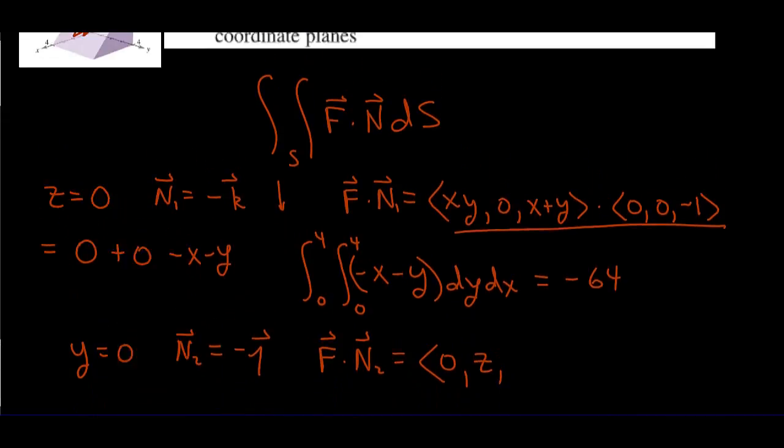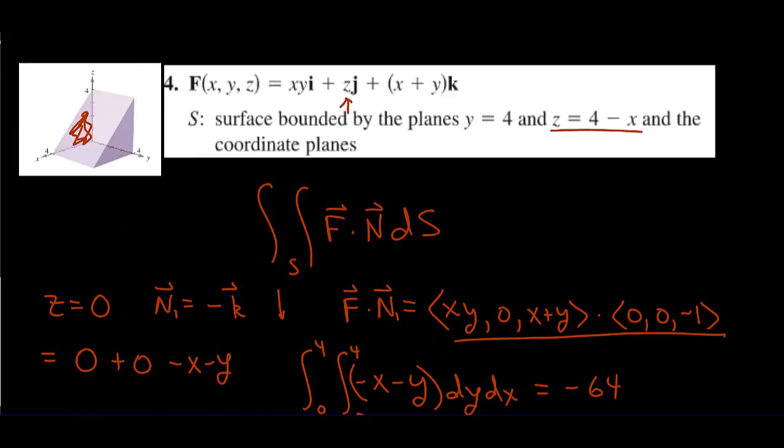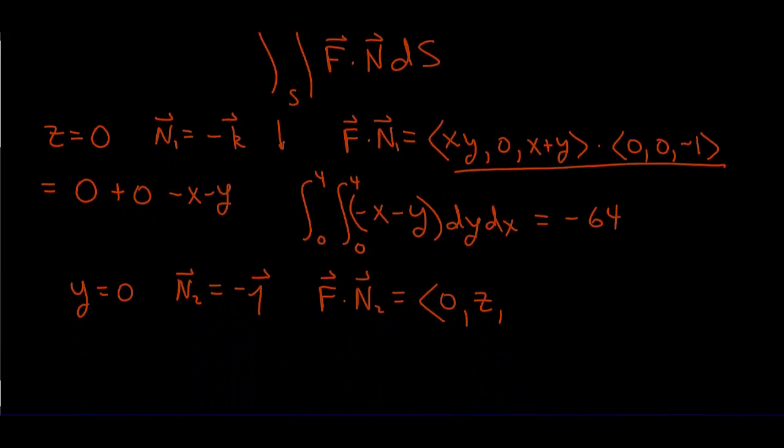And then the last one, notice we have x plus y, so that's just going to be x. And we're going to dot that with (0, -1, 0). Now, if we do that dot product, what we're going to get is just negative z.